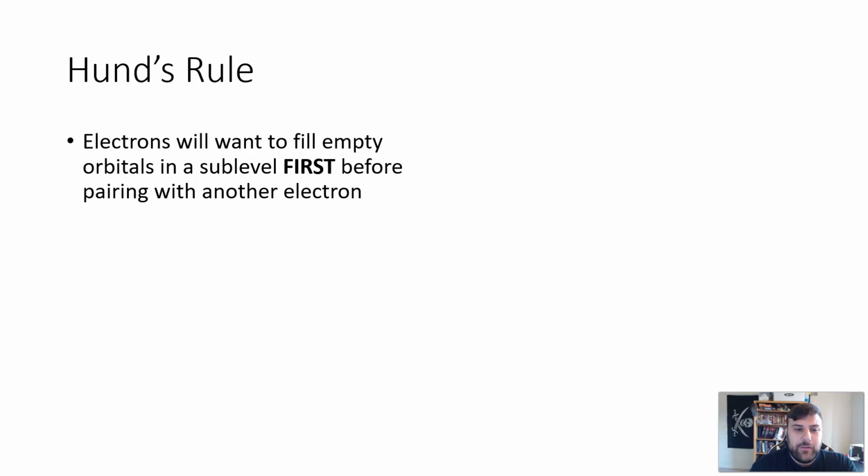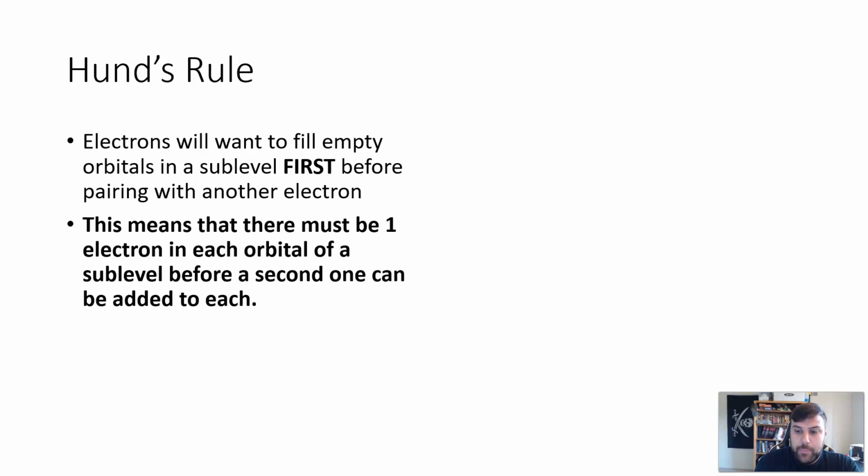Essentially, electrons will want to fill empty orbitals in a sublevel first. So they won't partner up if they don't have to partner up. If there is an empty orbital on a given sublevel, they will go to that empty orbital first.